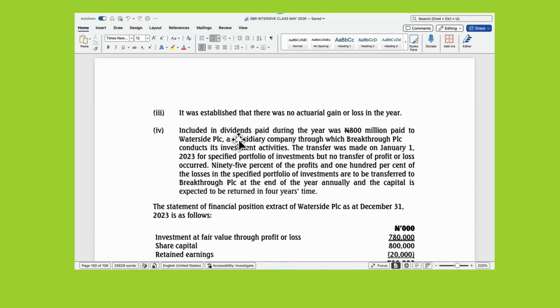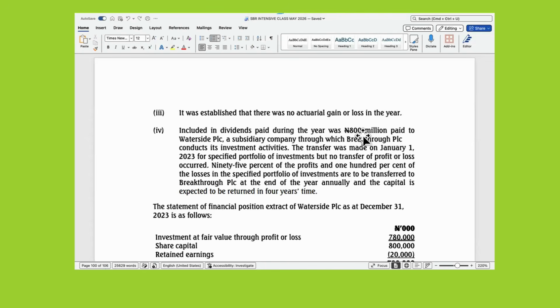So here, they are saying that we paid a dividend of 800 to one of our subsidiaries through which we conduct our investing activities. So the transfer was made in 2023 for a specified portfolio of investments, but no transfer of profit or loss occurred.